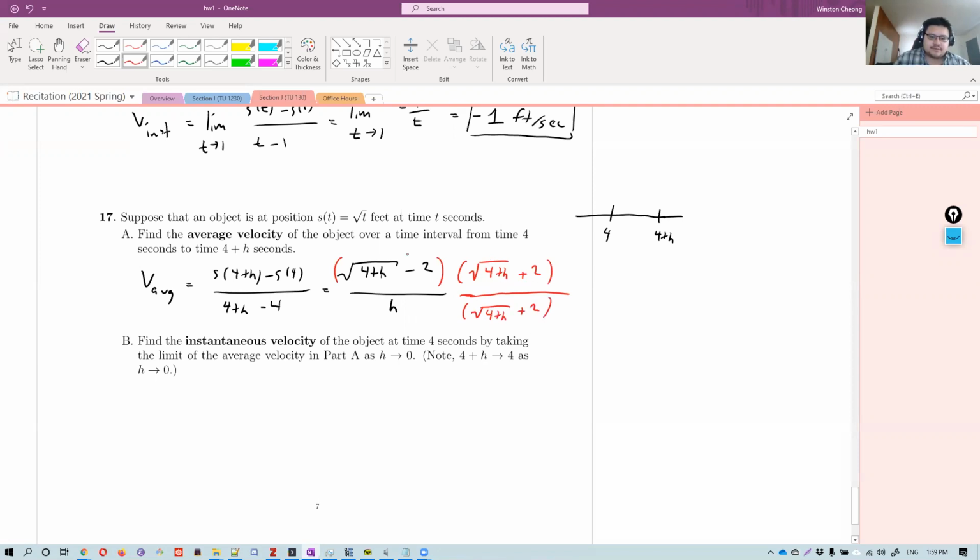So now that we have this, you can think about how you would distribute these things across, right? It's sort of a foiling thing, but it's related to x minus a times x plus a equals x squared minus a squared. It's related to the factorization, this difference of squares.